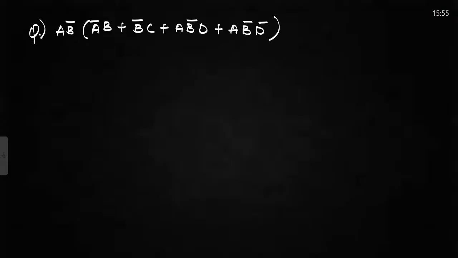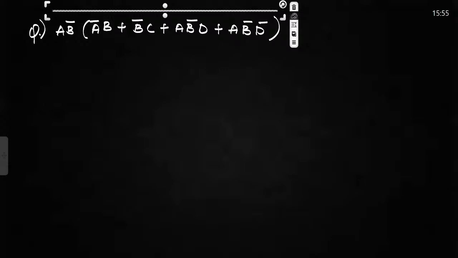Let us say I am having A B bar of A bar B plus B bar C plus A B bar D plus A B bar D bar, and we are having a whole bar.